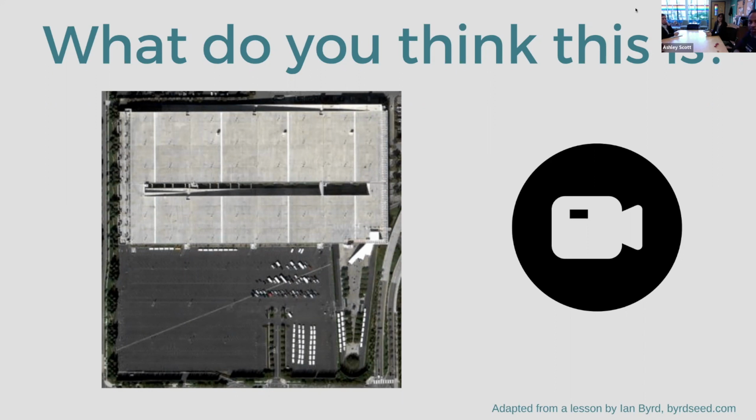You can put yourself in the chat if you want to, or you can just take yourself off of mute. Or you can get your glasses. It's like a building with a parking lot. That's what I say. Yeah, satellite image, kind of, but what are those white things?